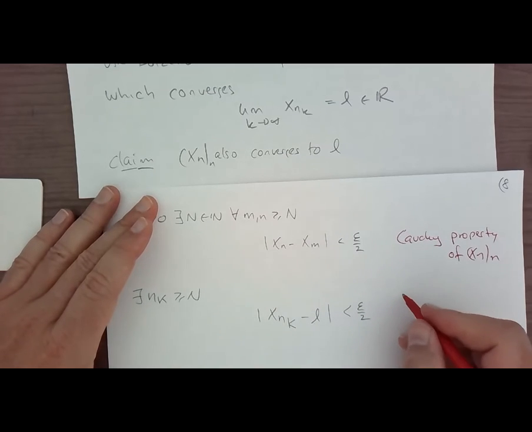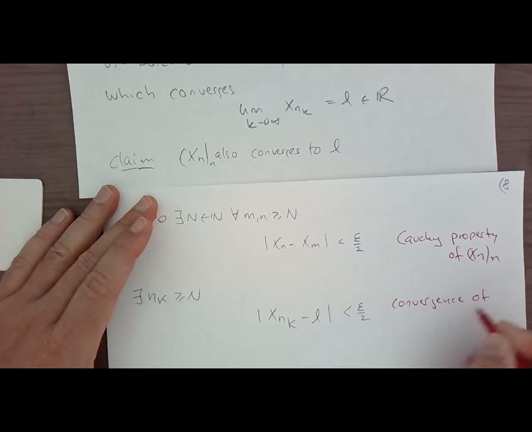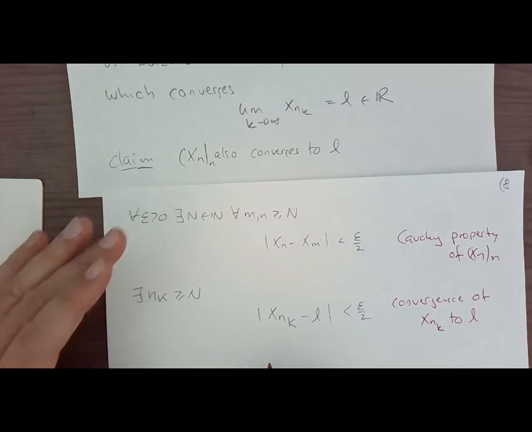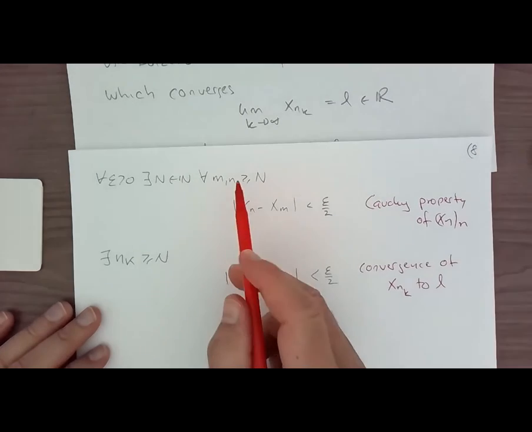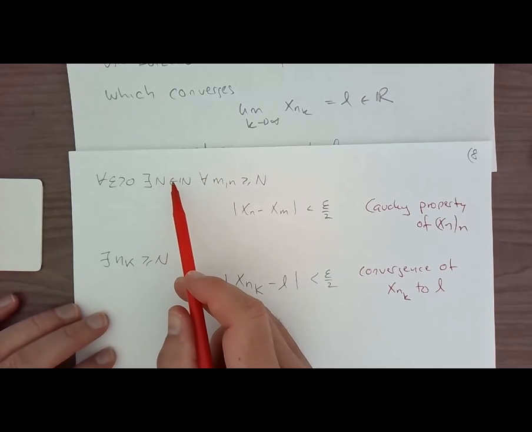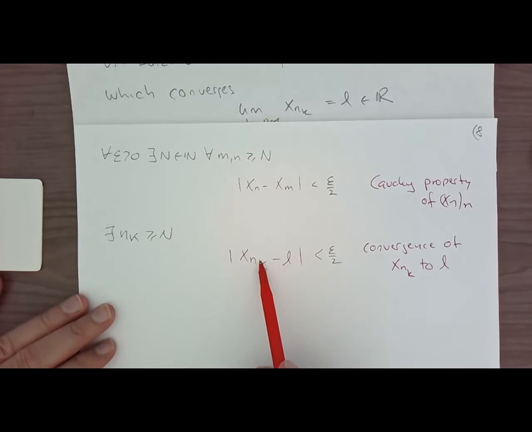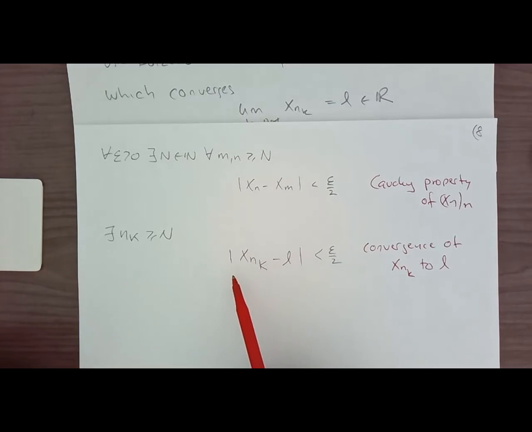This is the convergence of x_{n_k} to L. This is a capital K, this is a little k. But it means that when I'm past that N, the two points are close to each other, and inside the subsequence, these things are close to each other.